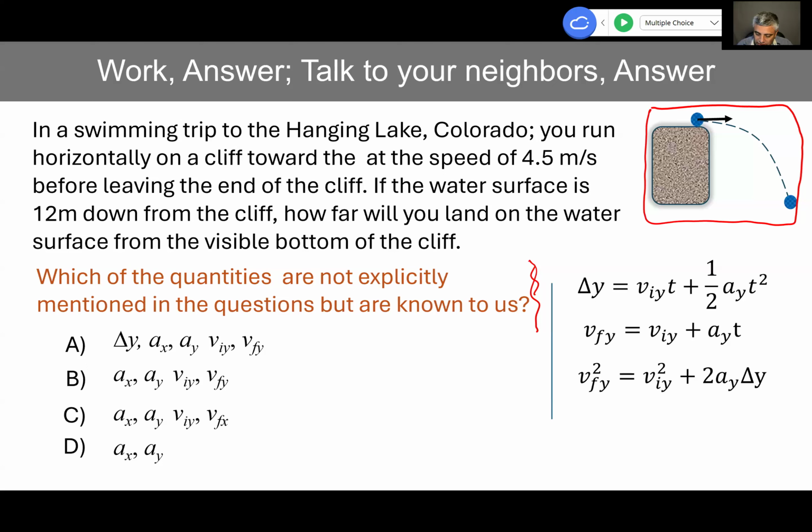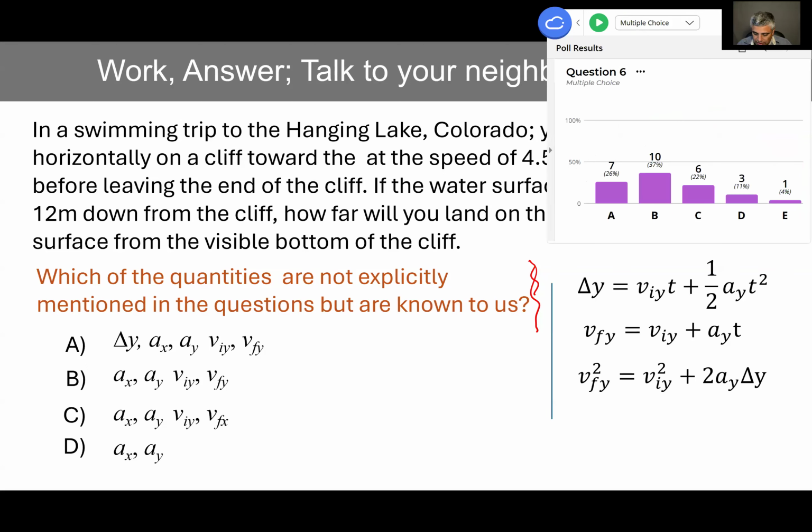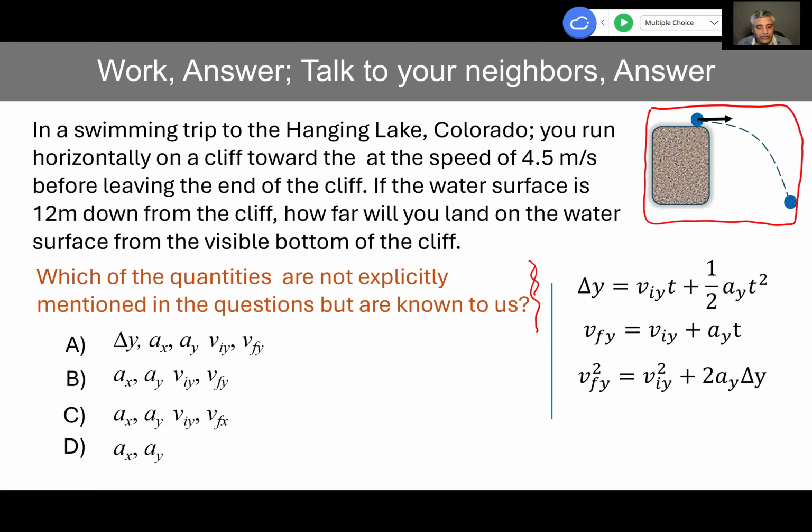Okay, so let's see what we got here. So we got most of them, okay, but it looks like we are getting B more. So once we know it is a projectile motion problem, even without reading a question, we know two things: acceleration in x direction, which is 0, and acceleration in y direction, g down. These we know even without reading the question, okay?